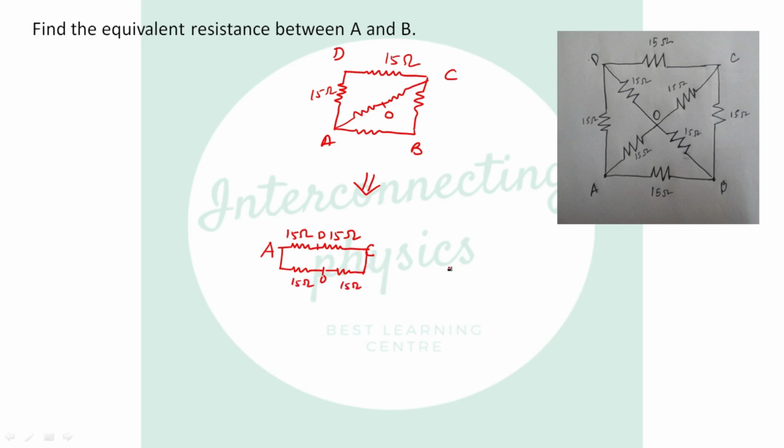Now point B. From C to B, 15 ohm, 15 ohm. Now from A to B, again 15 ohm. Okay. Now let us calculate the resistance. These two are in series, these two are in series. So answer will be 30 ohm, 30 ohm.